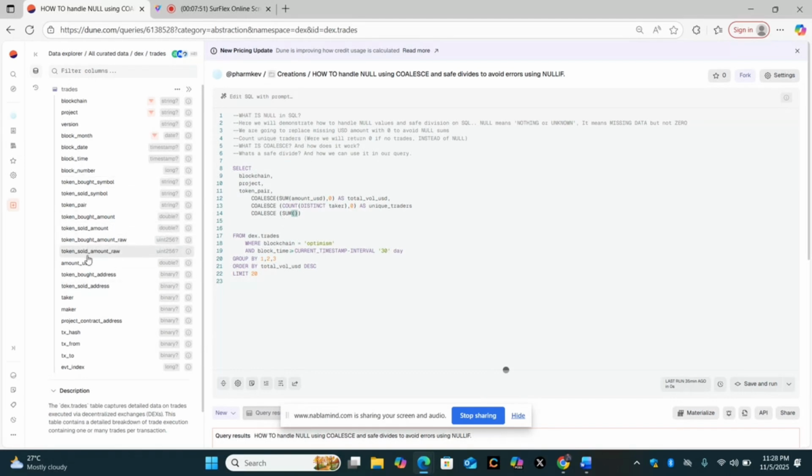So we are summing amount USD divided by NULLIF count.